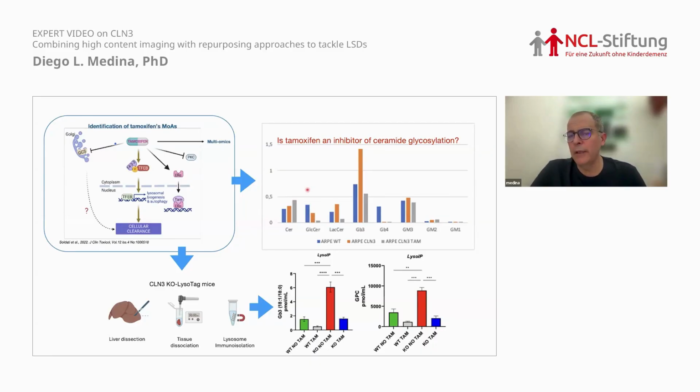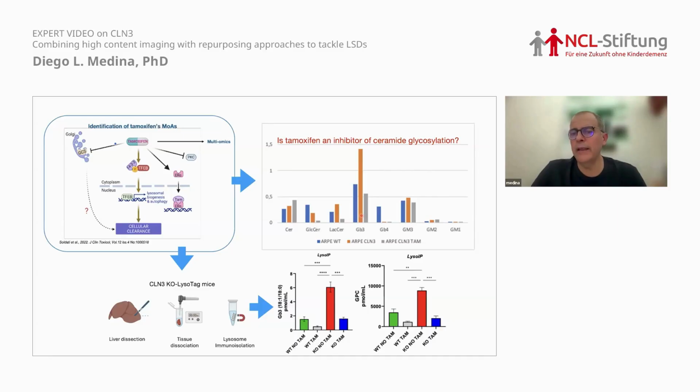This profile of lipids is very typical of an inhibitor of glucosylceramide synthase. So we are now trying to validate this hypothesis in order to delineate whether the tamoxifen-mediated clearance of GB3 is due to the inhibition of glucosylceramide synthase, which is upstream of the synthesis of globosides.